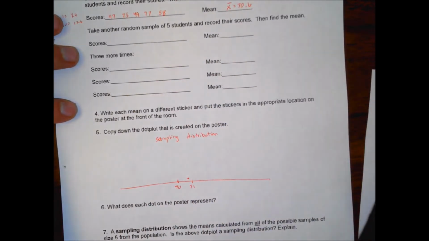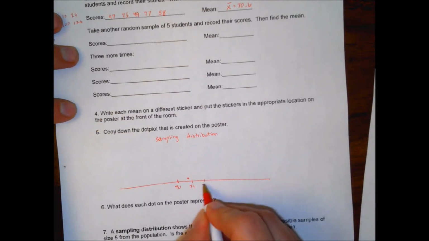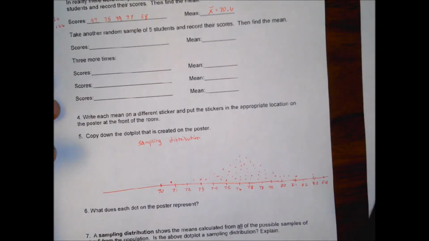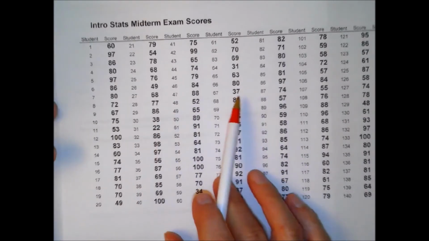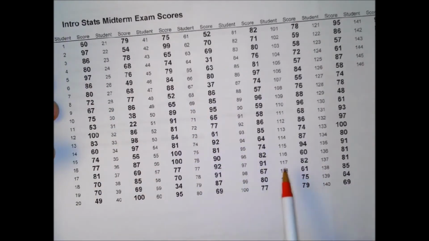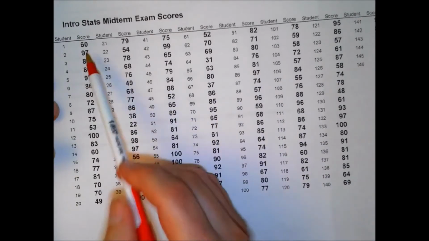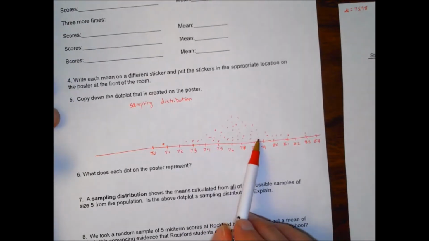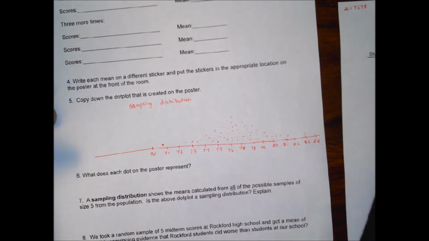But if we think about this, what does each dot represent? Each dot, for example this dot here, is a sample of 5 scores and the mean of that. So each dot is a random sample of 5 scores that I collected, and I found their mean. I did it again, found their mean, did it again, and I get a whole bunch of dots there.